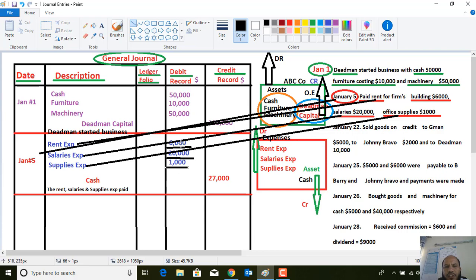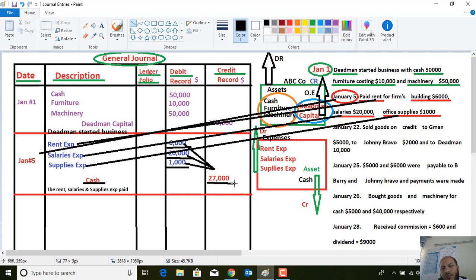But all of these three have been paid. So paid is always through cash. Payment is always through cash. So the business paid cash for all these transactions, for all these accounts. When we added all these three accounts, the total sum was equal to 27,000.